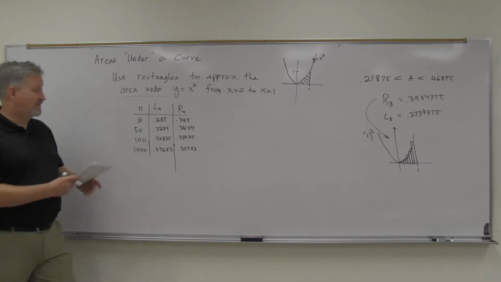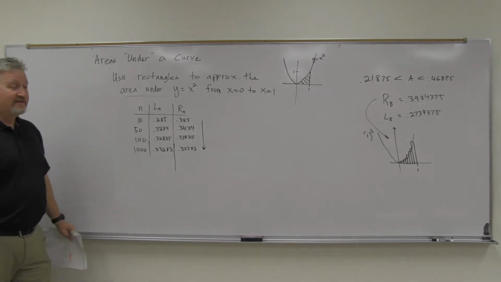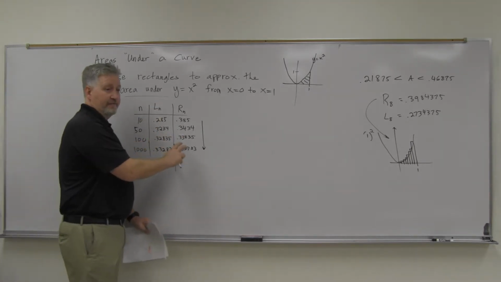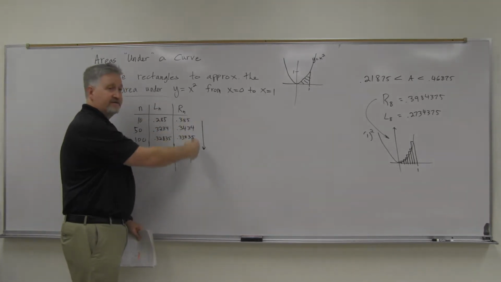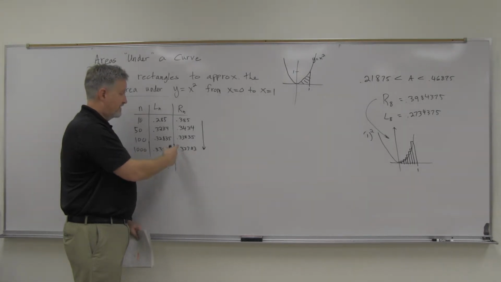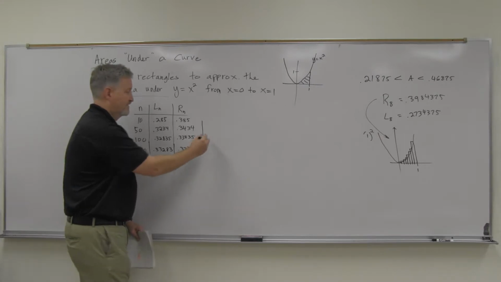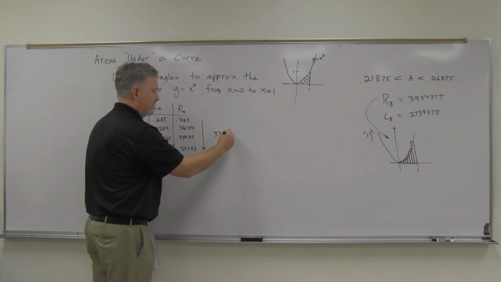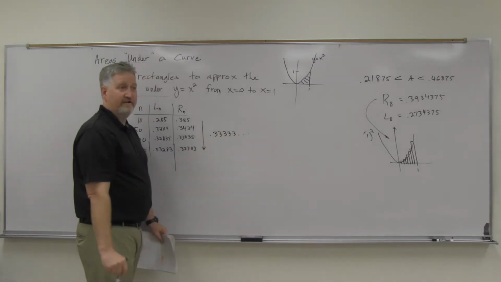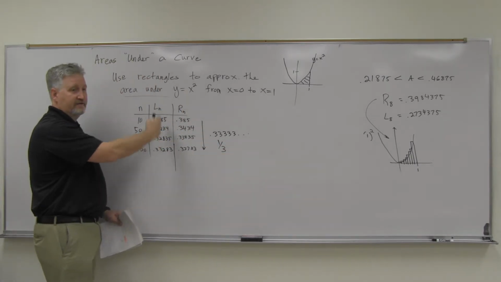Can we see here something that's going on as far as the limit is concerned here too? These are, either side, take your pick, aren't these going to a specific number, it looks like? What are they going to? It looks like they're getting closer and closer to 0.33333 repeating. What is that? 1/3, right? That's 1/3.